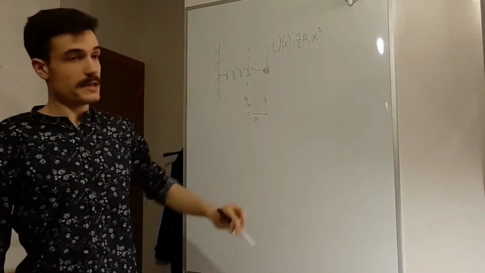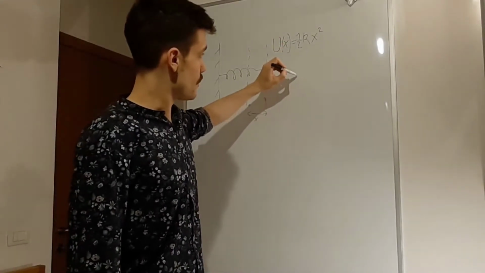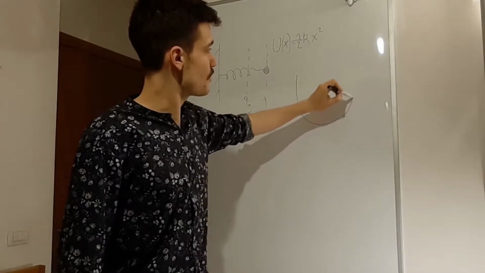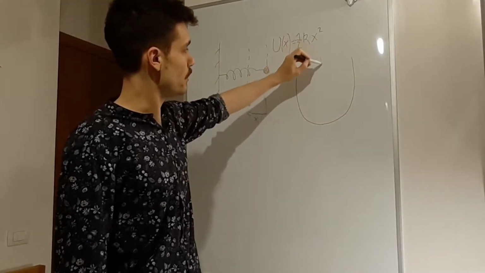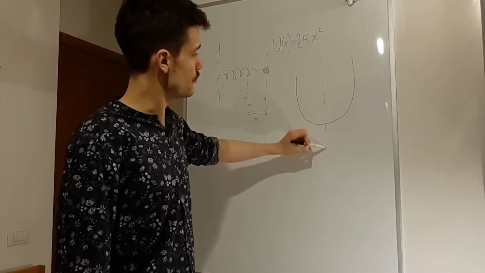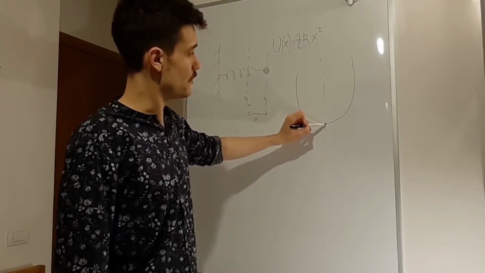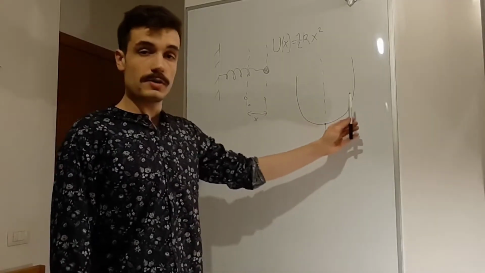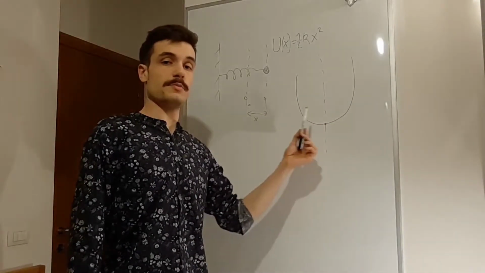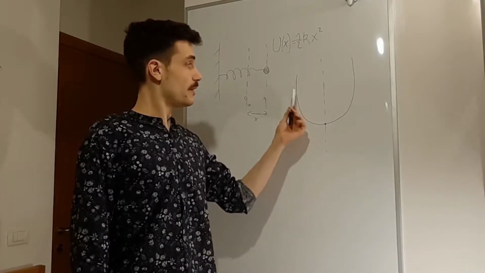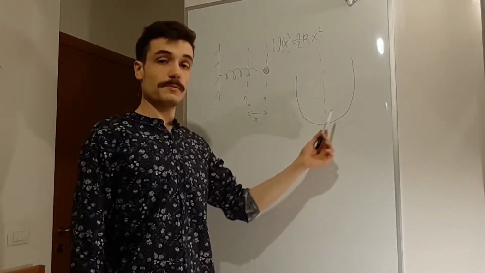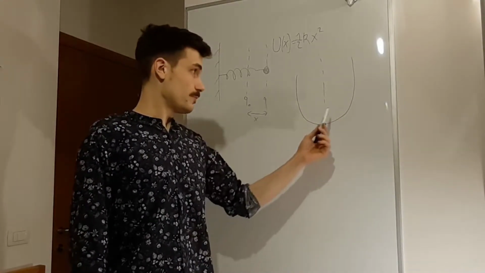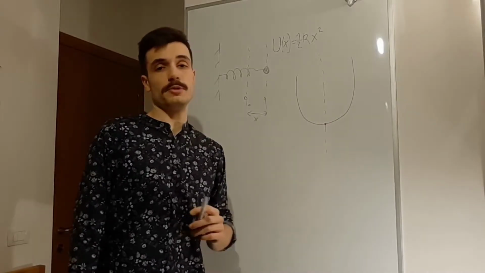So as k is greater than 0, our potential energy is nothing more than an upwards parabola centered in the origin, and so it's symmetrical. There is no difference in which direction I'm choosing. It will in a perfectly symmetric way go up when you go away from equilibrium.